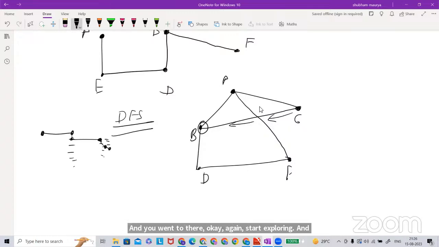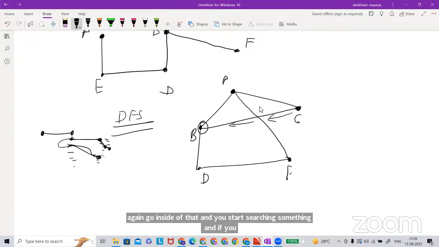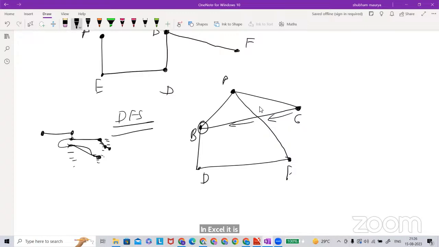So how will you go back to here and back to here and then back to here, and then the next page you will go to start searching, and then again go inside of that and start searching something. Sir, in Excel, there is one option, if you click, it will open nodes one after another. So the same as in the internet, you can see in Google also, usually we search.